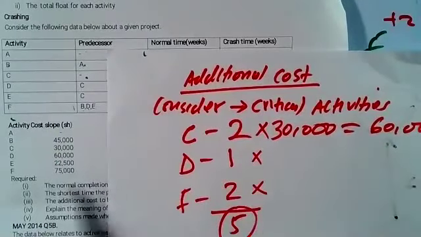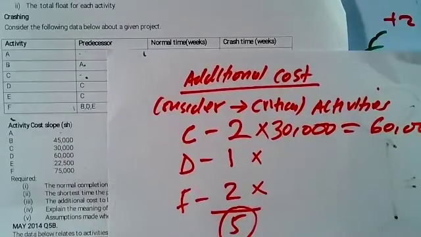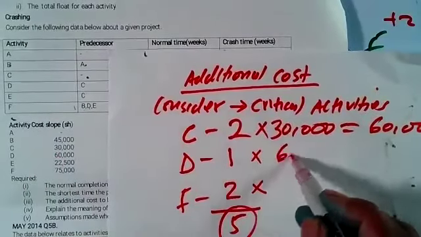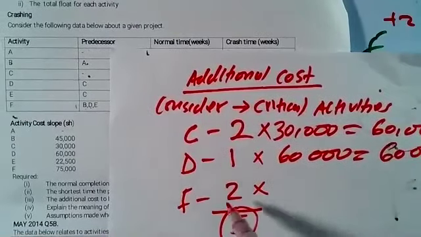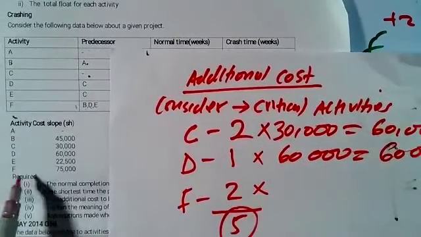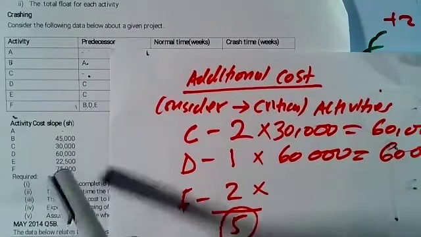D, the cost slope is 60. Every day you save, you incur an additional 60, but you have only saved 1. So it's 1 times 60, and you'll get 60,000. F, the cost slope is 75,000. For every day of F you save, you incur an additional 75,000.